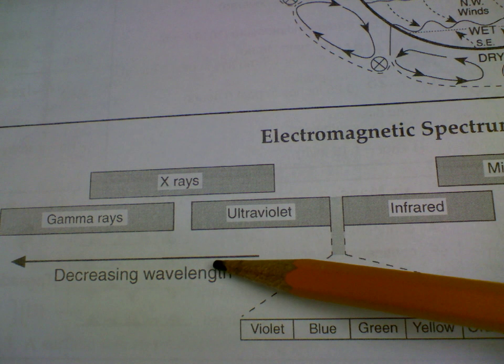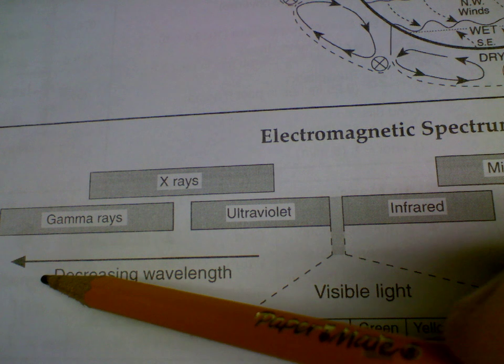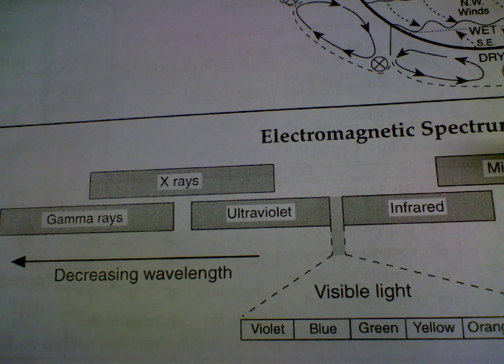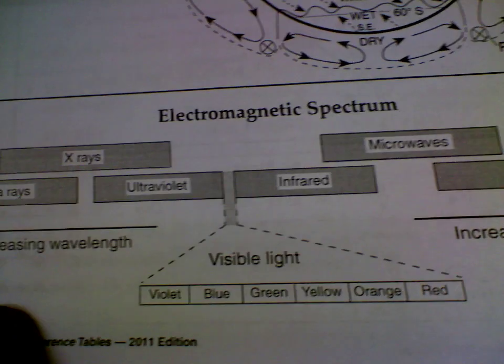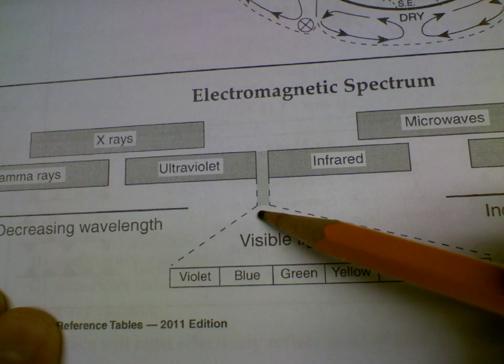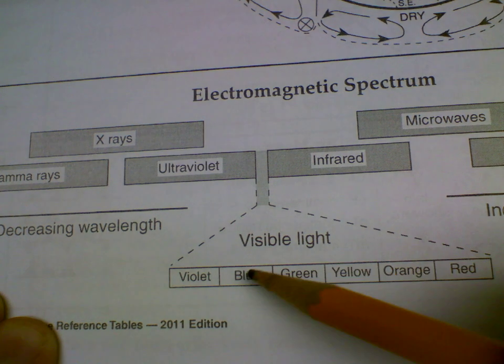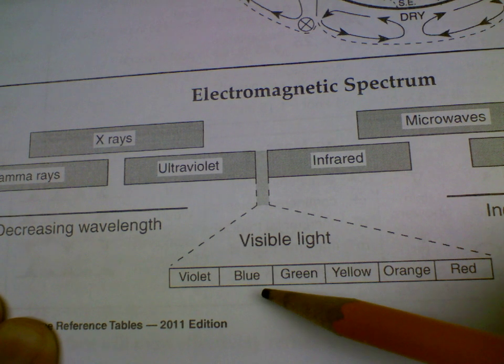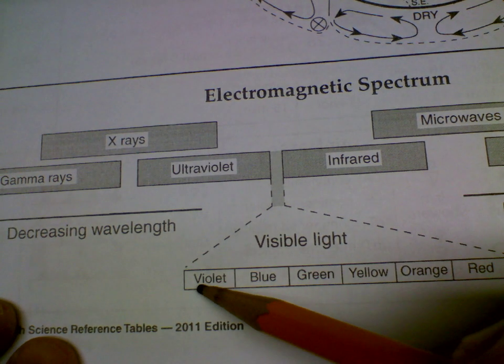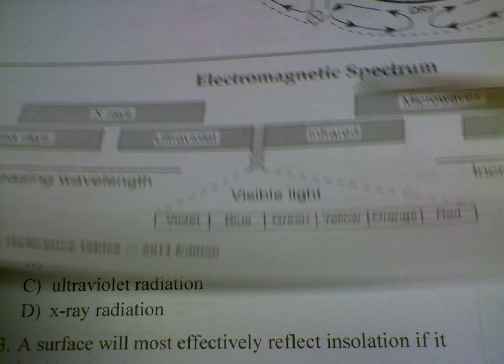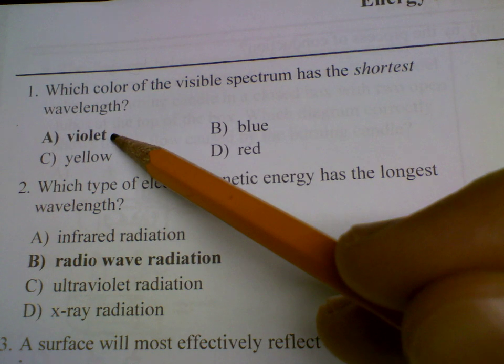So as we go to the left, decreasing, the shortest would be on the left, and increasing is the other way to the right. And when we skip down to visible light, it is broken up into colors and it works the same way as the rest of the chart. So the shortest wavelength would be on the left. That would be violet. Choice A for number one.